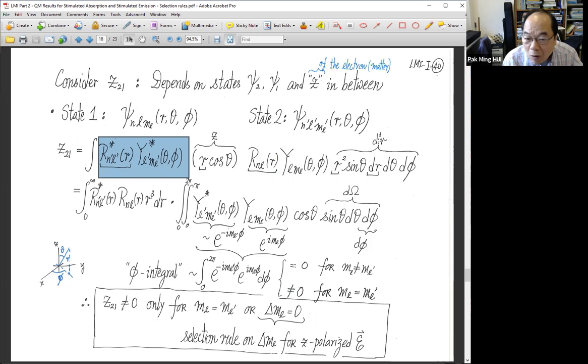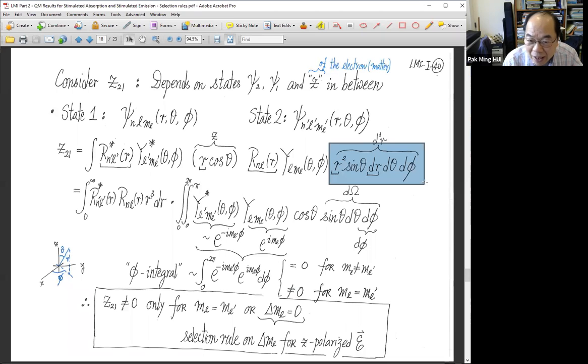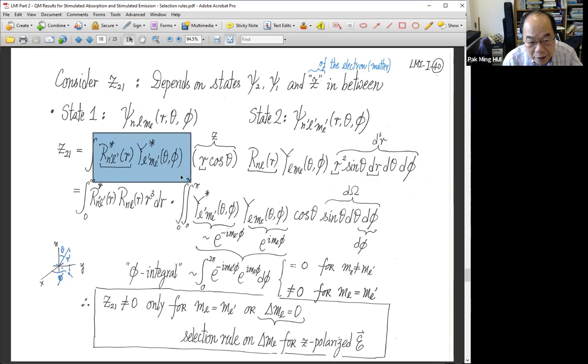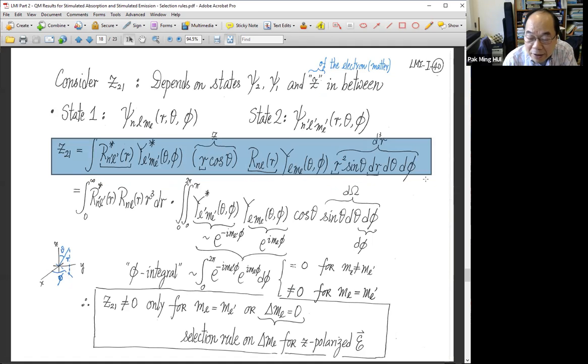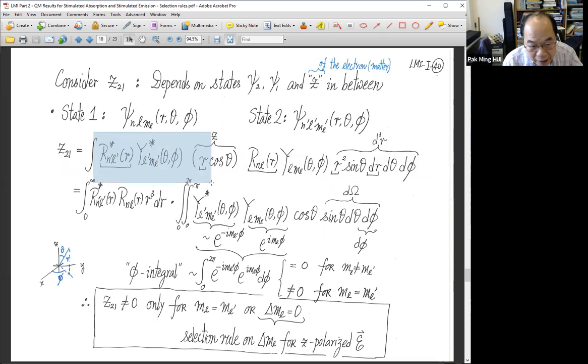We need to integrate over all volume. In spherical coordinates, it is r squared sine theta dr d theta d phi. And then we have a Z in between. When we turn the Z also into spherical coordinates to go with the wave functions, it is r cosine theta. So this is, by definition, what Z21 is about, with a star on the 2 side.